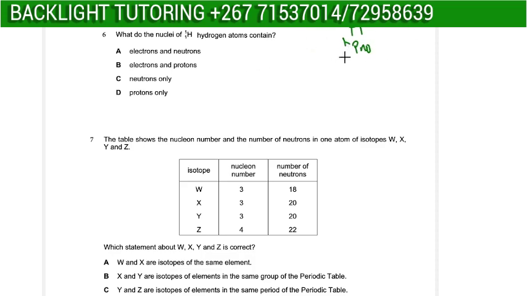So hydrogen has one proton and one electron orbiting around the nucleus, right? Remember, nuclei is the plural of nucleus, right? So that's why they say electrons and neutrons.